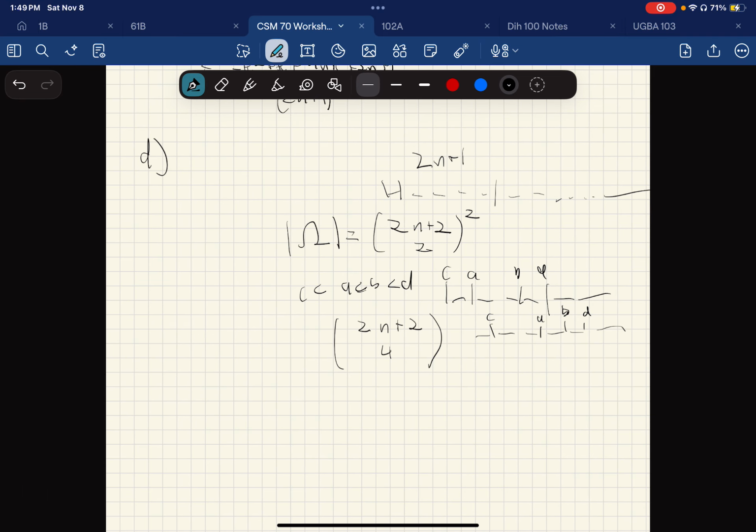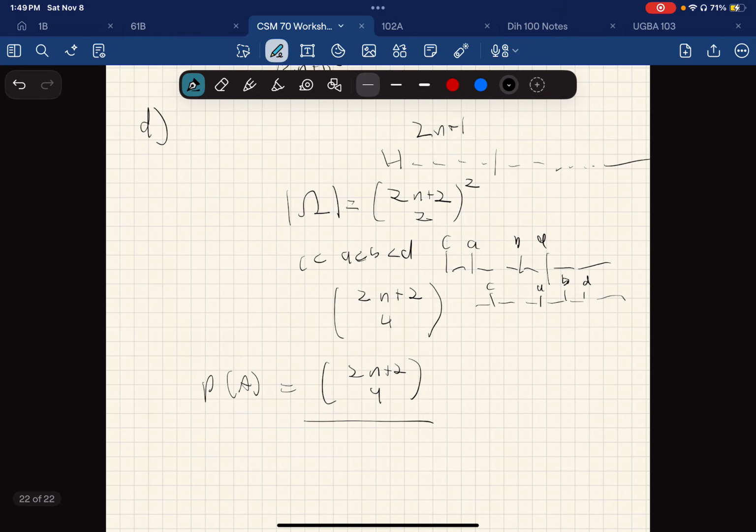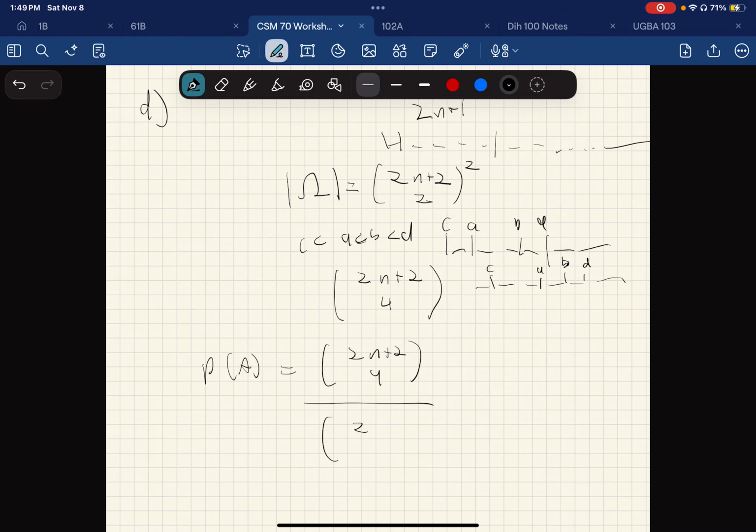And now to get the probability of choosing intervals such that we have this enclosed interval, we simply take the number of possible ways that can happen, 2n plus 2 choose 4, over our sample space, which is 2n plus 2 choose 2, squared.